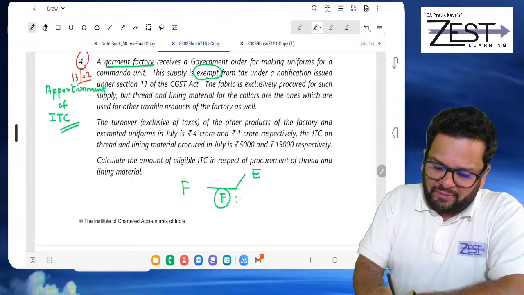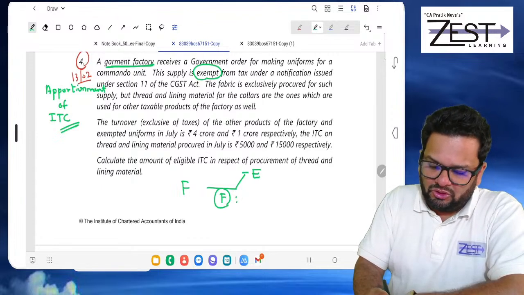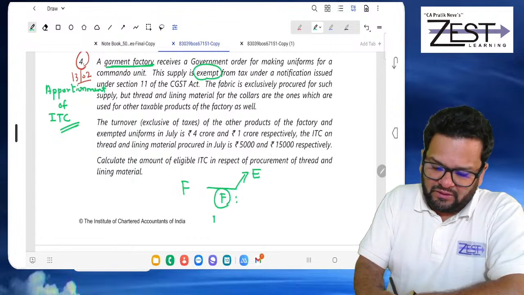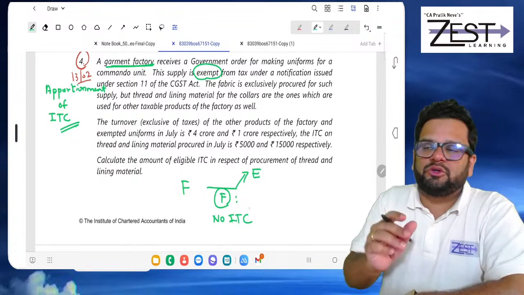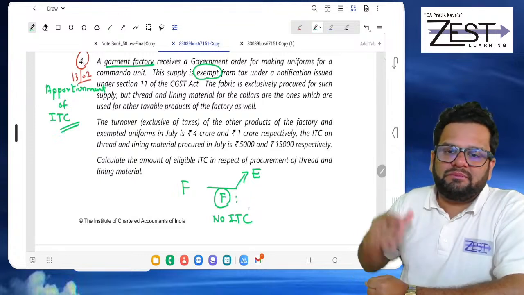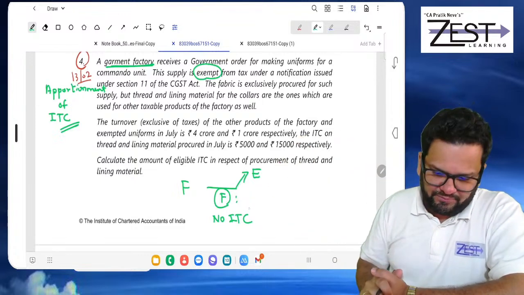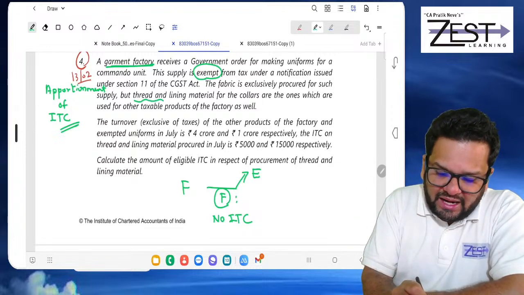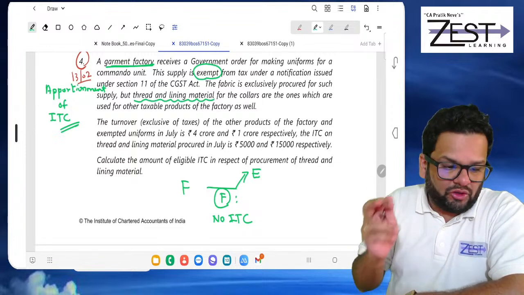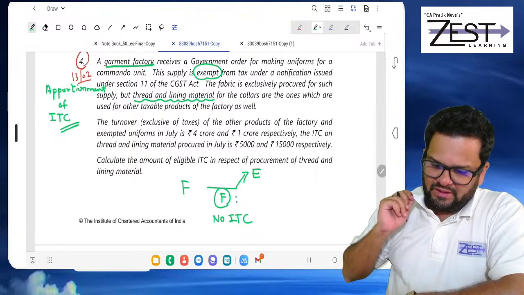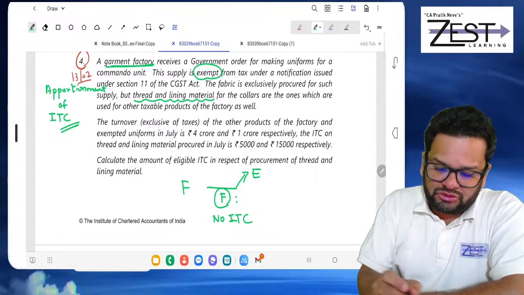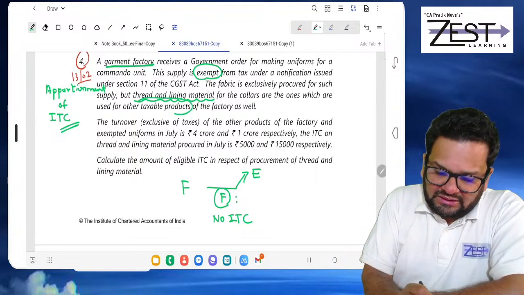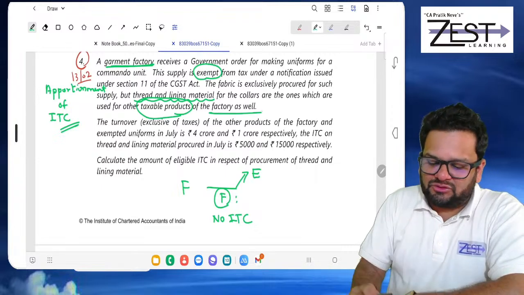On that fabric bought to make this exempt supply, you cannot take any ITC because it will be inputs used only in making exempt supply. But thread and lining materials for the collars are used for other taxable products of the factory as well.